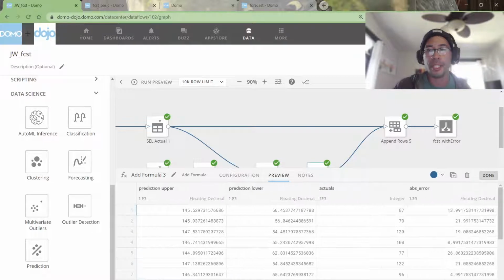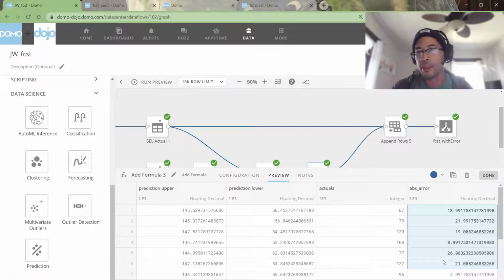How good a prediction is that? Well, that's where the error comes in. I say, hey, that's what actually happened. I know what I predicted. My absolute error, we're not going to have negative error. We're just going to say my absolute error because we assume that 13 positive or 13 minus are equally expensive if I'm using absolute error.